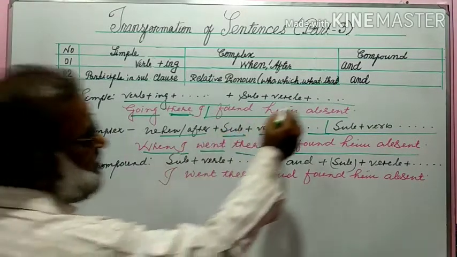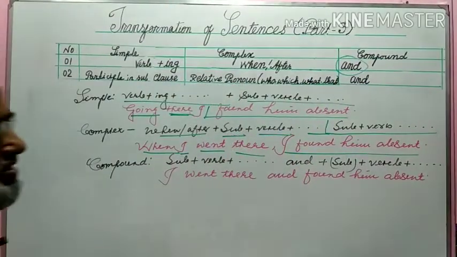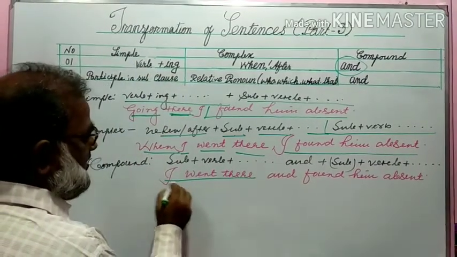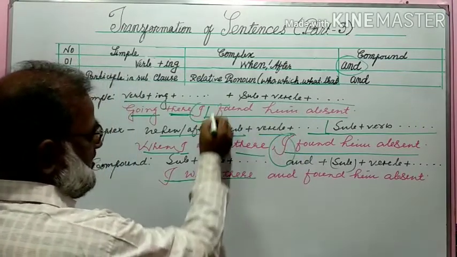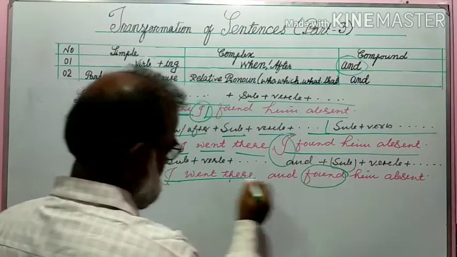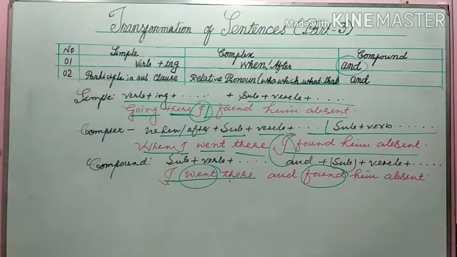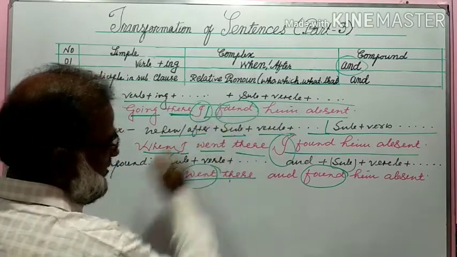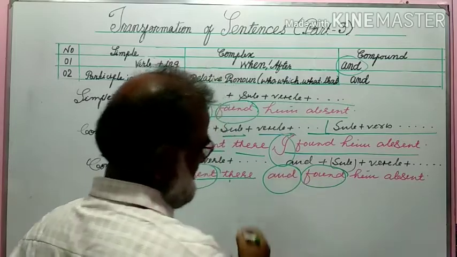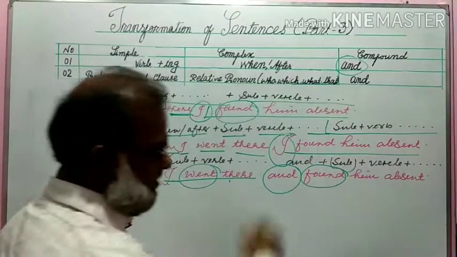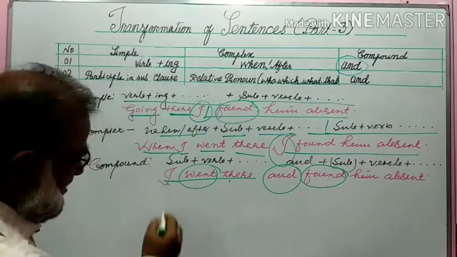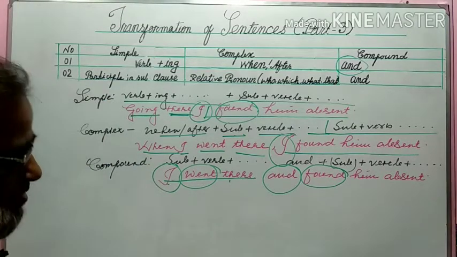Then in compound, we shall use and. I went there, and found him absent, as there is I at the beginning of the sentence.